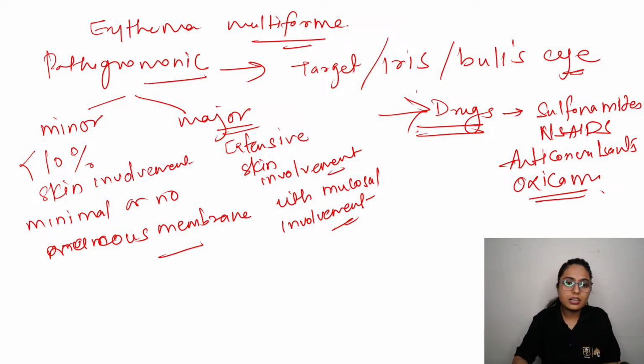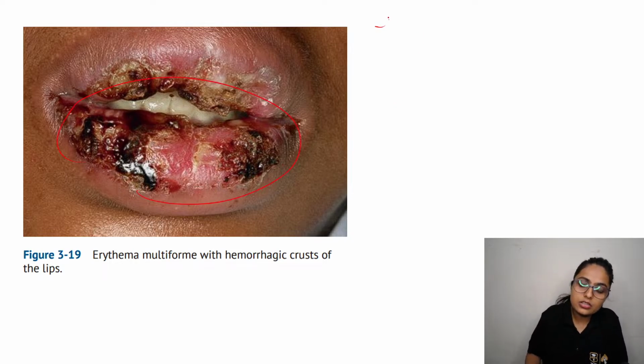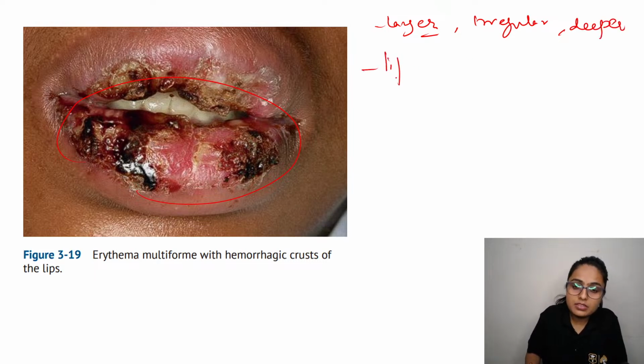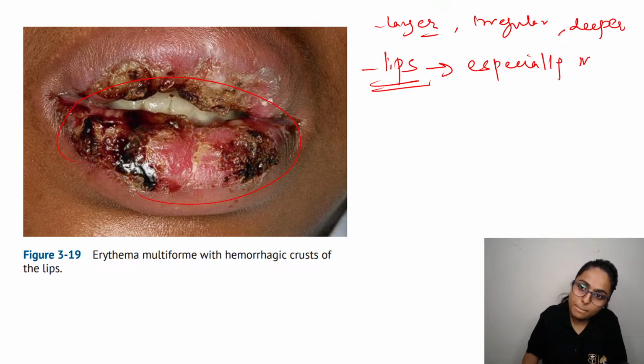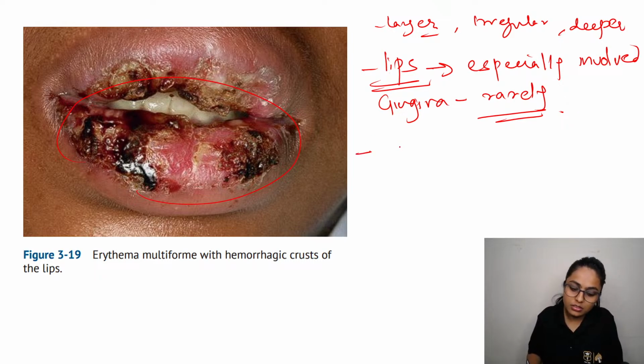Now, what are the clinical features that you see in erythema multiforme? See, how much crusting of lips happens in erythema multiforme. Okay, the lesions are larger, irregular, and deeper. All right, lips are especially involved. Gingiva is rarely involved. All right, and lips become eroded.